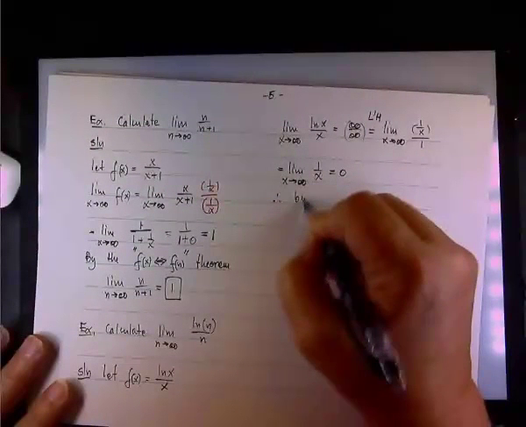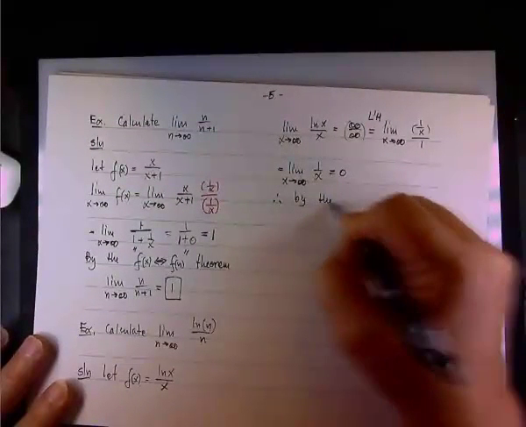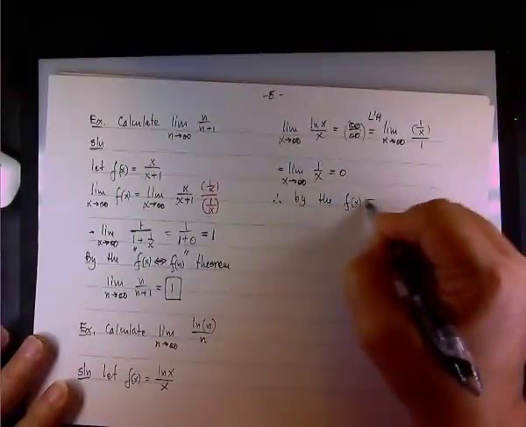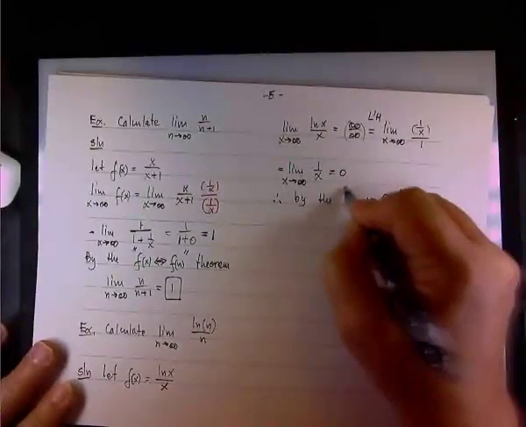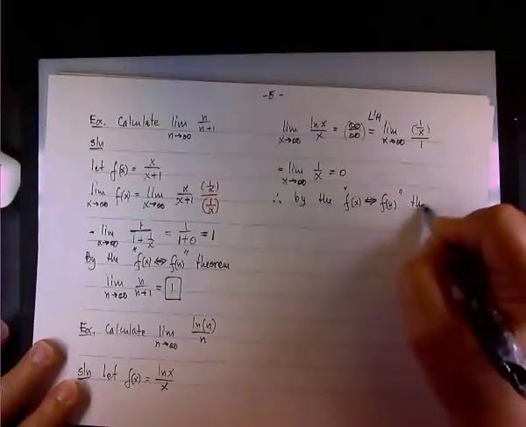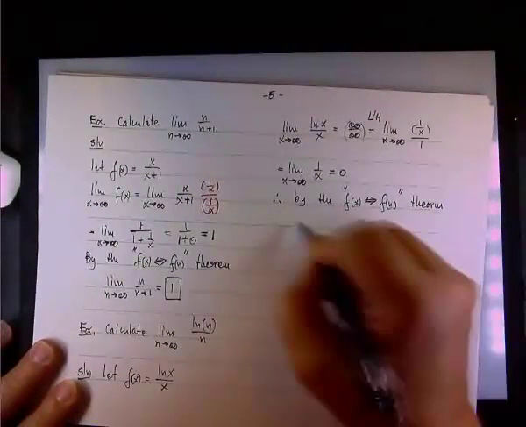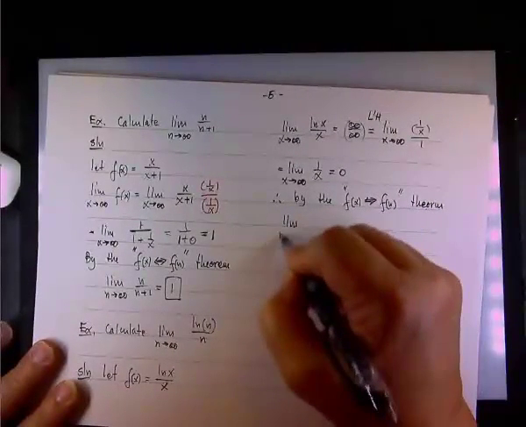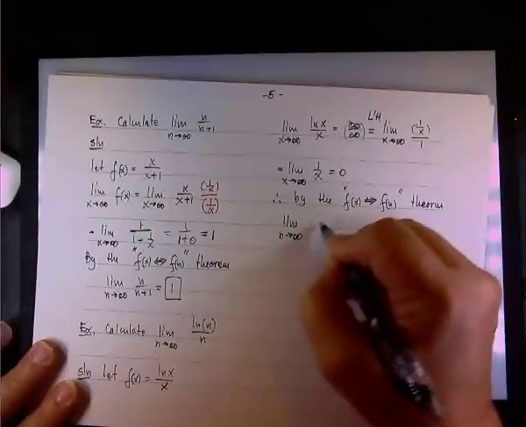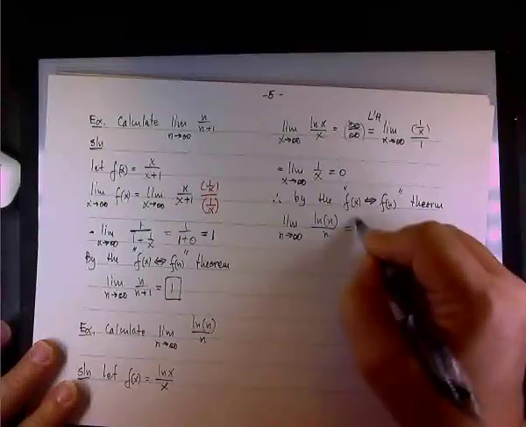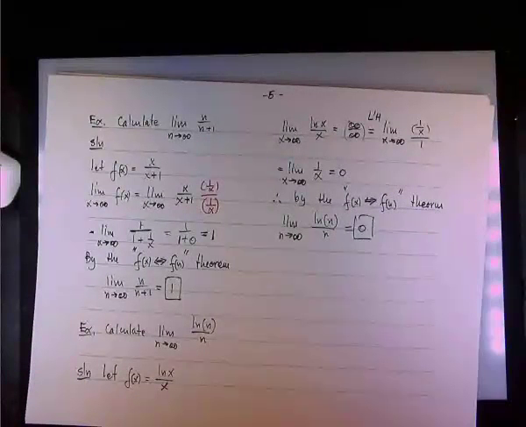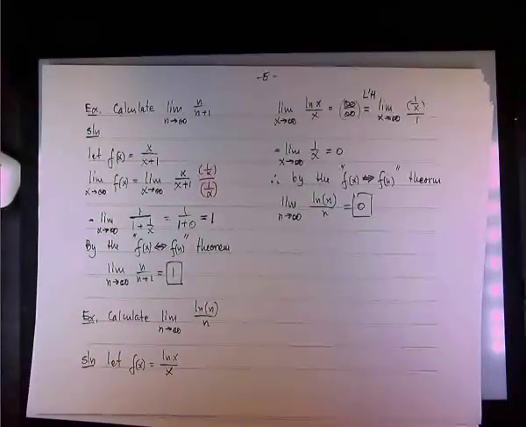And this will be simply 0. So the limit exists, it goes to 0, and again by the f of x to f of n theorem, the limit as n approaches infinity of natural log of n over n equals 0.